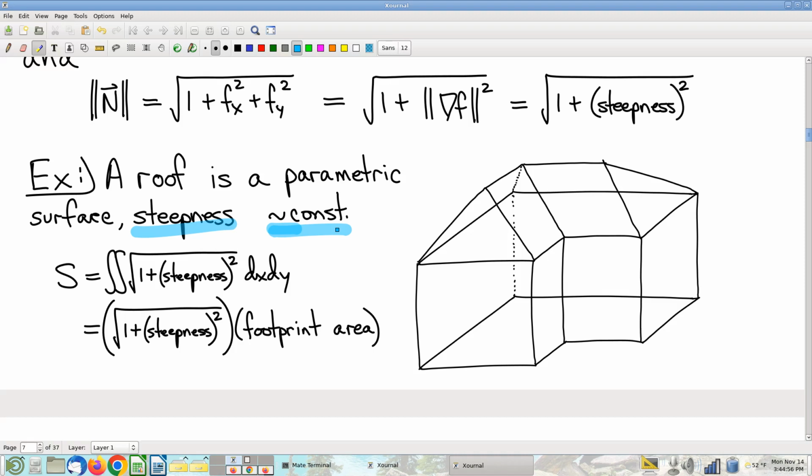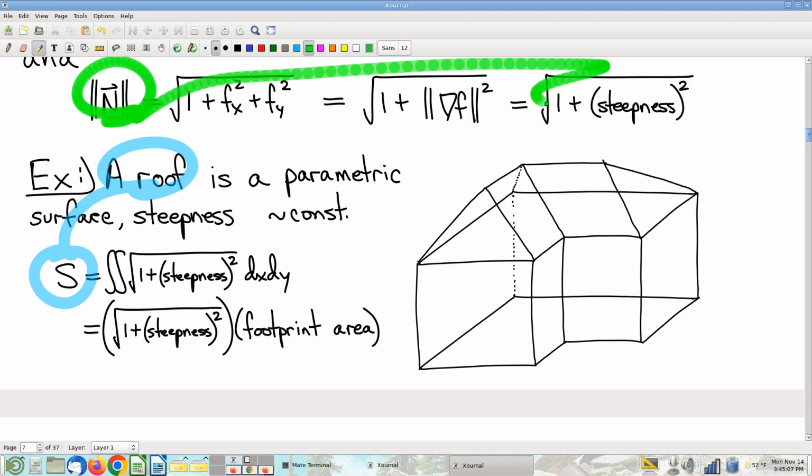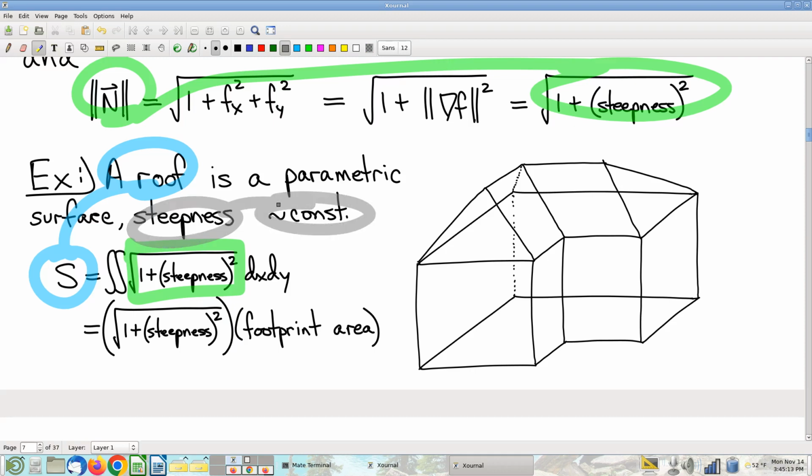In fact, they very often aim to have it constant to the ability of the carpenter to cut it that accurately, right? And so what that means then is if you want to compute the surface area of the roof, and given that our stretching factor is just this function of the steepness, and given that the steepness is approximately constant, that means that this whole stretching factor is a constant, and it'll factor right outside of the integral.